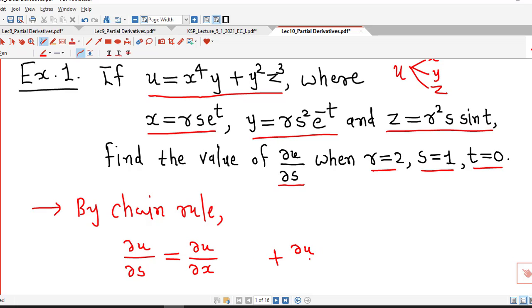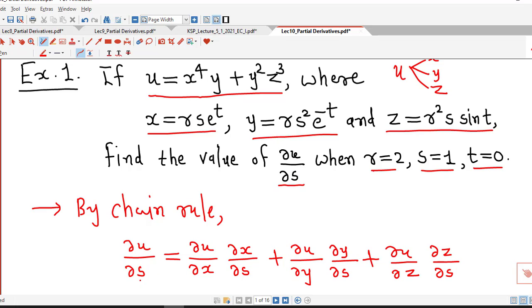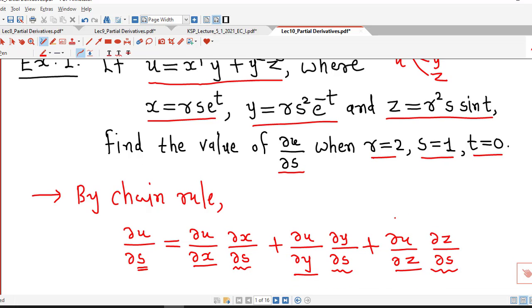So first we write down partial derivatives of u with respect to x, y and z, and in the product we will write partial derivatives of x, y, z with respect to variable s, del x by del s, del y by del s, del z by del s.